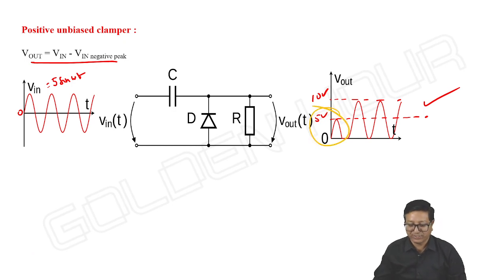Okay, let us take the analysis of positive unbiased clamper. Positive clamper means signal is pushed up, so the diode should be directed upwards.